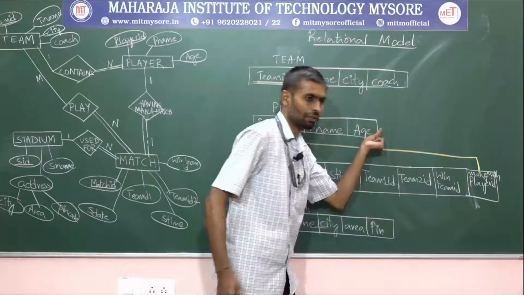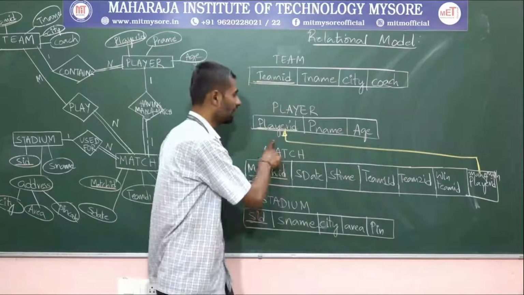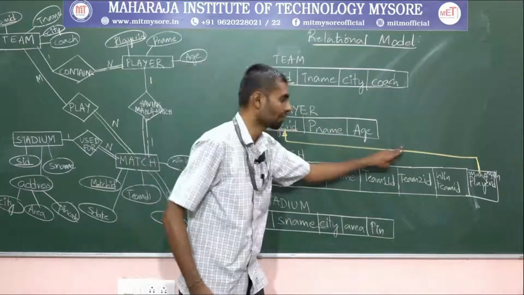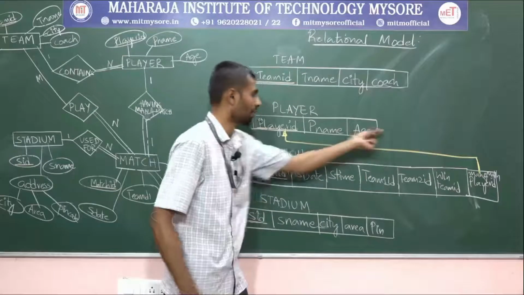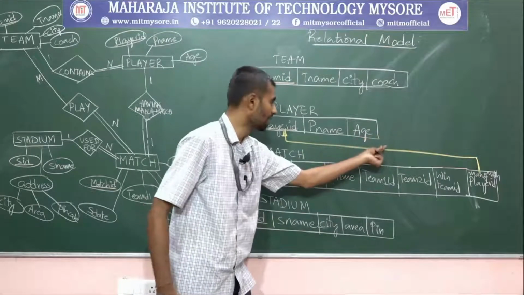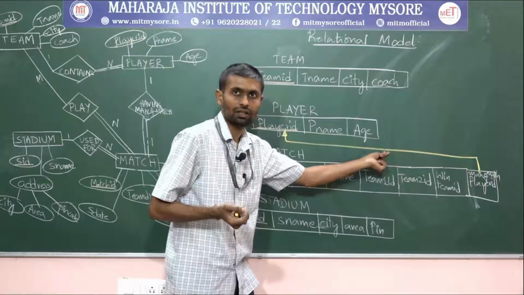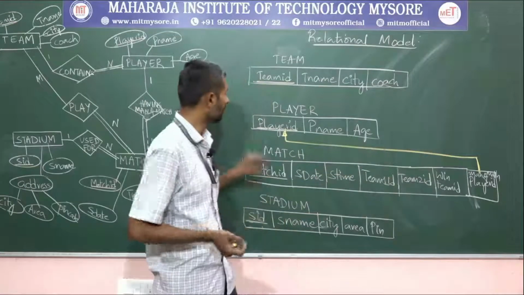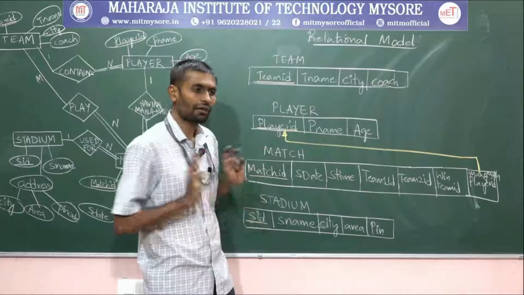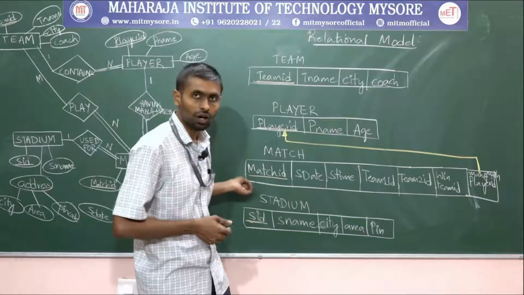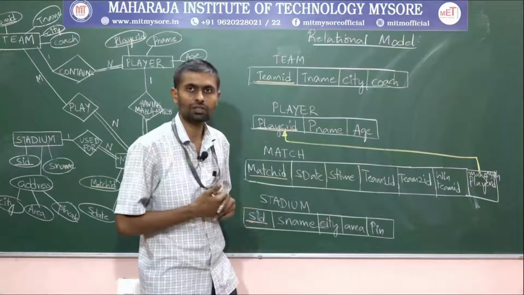Suppose when I write man of the match player ID here, then player ID 1, some player name A, some age 20, I'll record. Then match ID, when I record here, then what happens? Suppose the player gets the man of the match only one time, then I'll record it once. Suppose 10 matches were played in an IPL, then all 10 matches have a man of the match award, right?